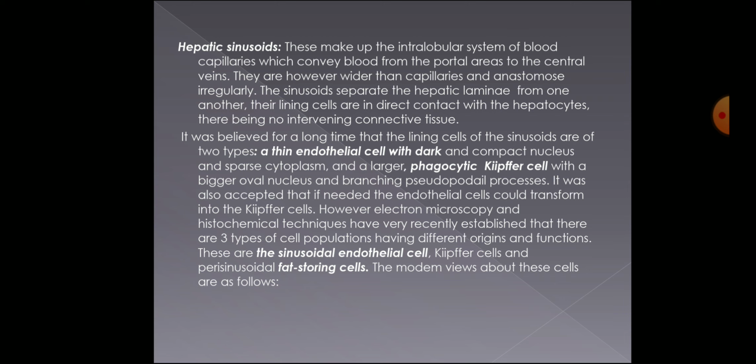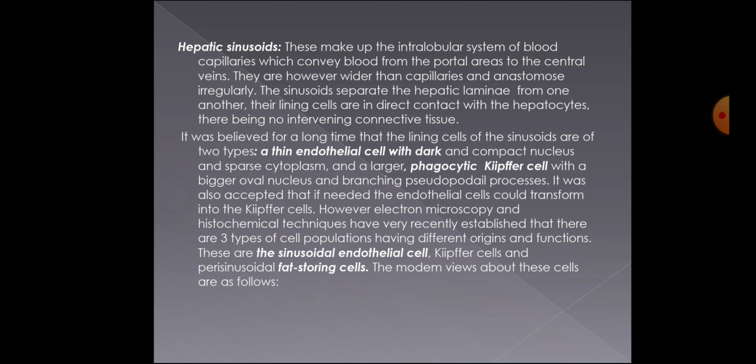It was also accepted that if needed, the endothelial cells could transform into the Kupffer cells. However, electron microscopy and histochemical techniques have very recently established that there are three types of cell populations having different origin and functions. These are the sinusoidal endothelial cells, Kupffer cells, and perisinusoidal fat storing cells.